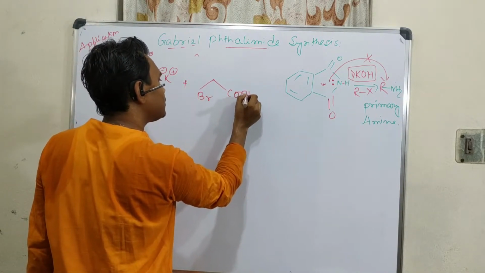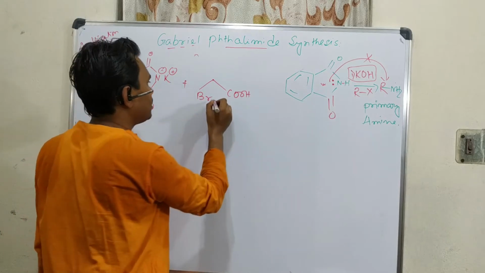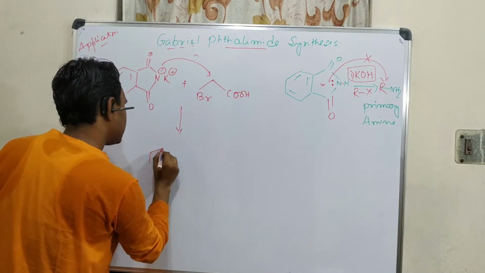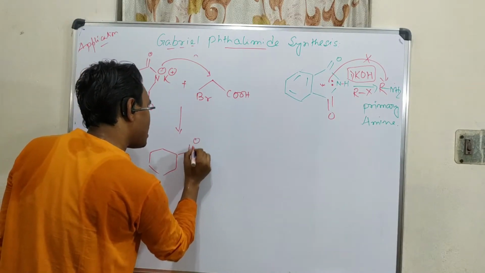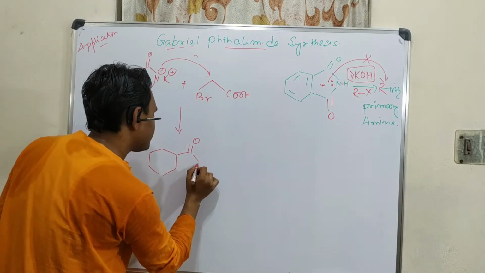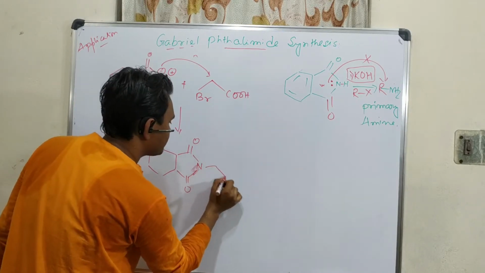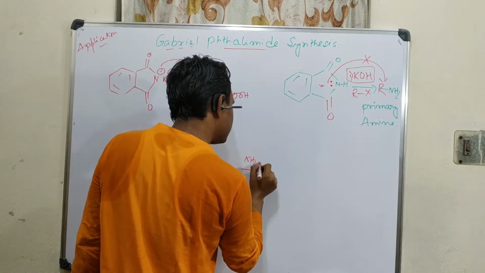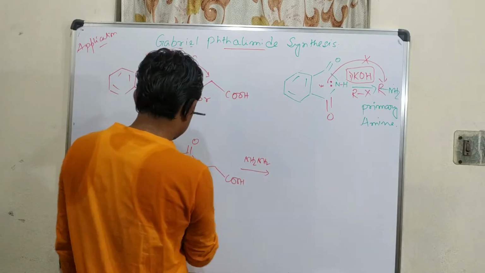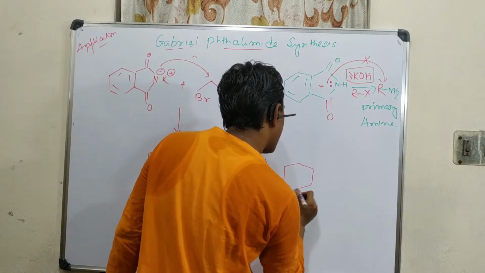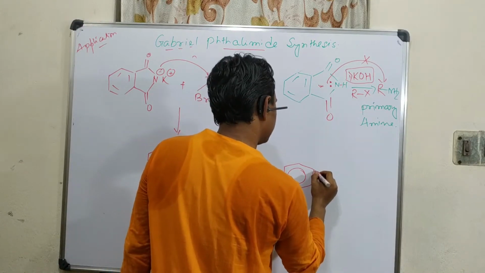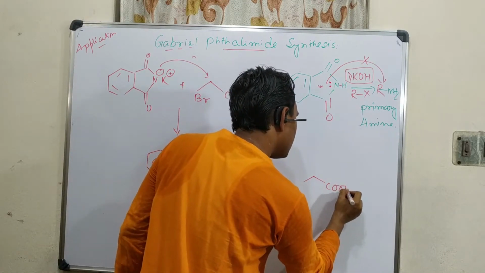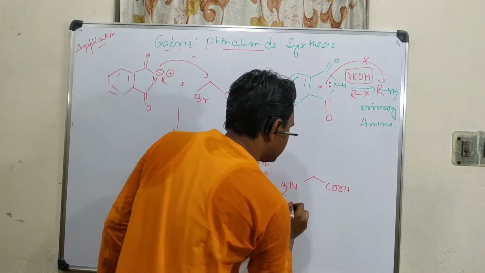Br COOH, even Br chloro could be taken, and it reacts, it attacks this and undergoes hydrolysis in presence of hydrazine to produce this corresponding, I am not writing this, so to produce that COOH and NH2.